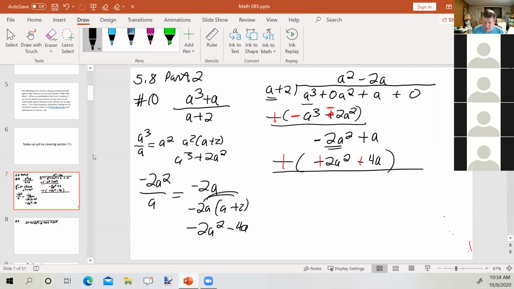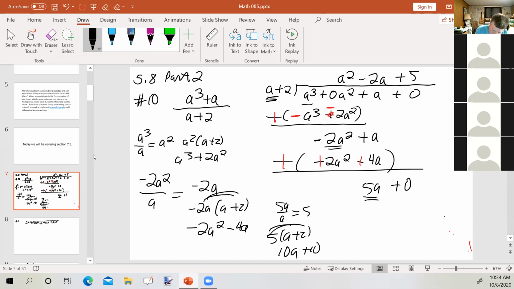Adding up the columns, I get negative 2a squared plus positive 2a squared, which is 0a squared. A plus 4a is 5a plus 0. Starting over, focusing on the leading terms, the 5a and the a. Let's see here. 5a divided by a is 5, so I get plus 5. Then I'm going to take 5 times a plus 2, which is 10a plus 10. Excuse me, 5a plus 10.